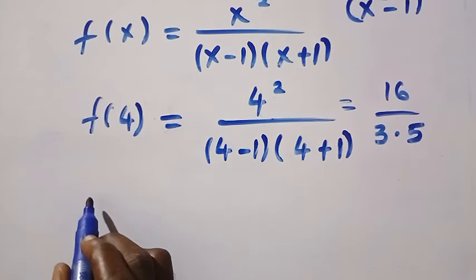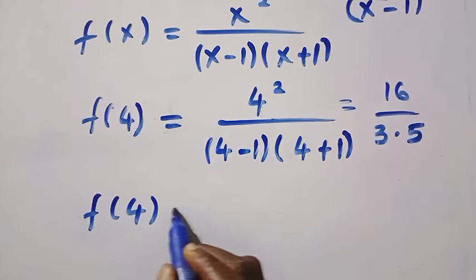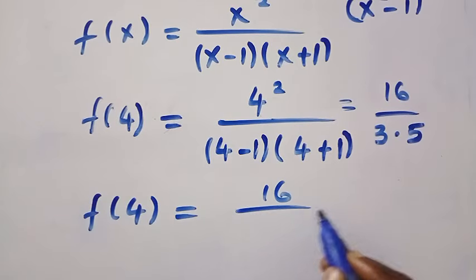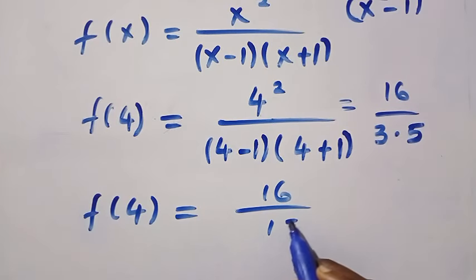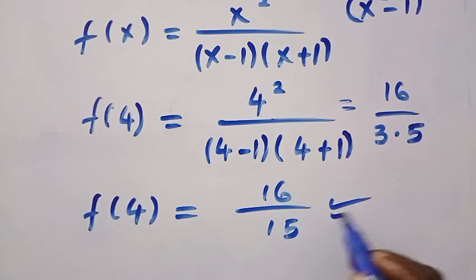So we have f of 4 equals 16 divided by 3 times 5, that gives us 15. And 15 is the final answer to this.